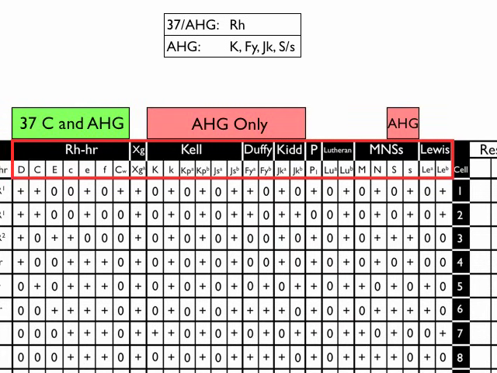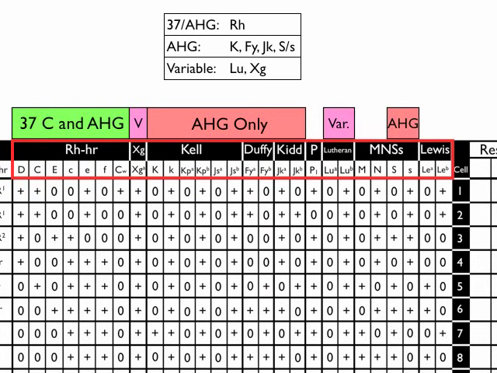In other words, when the antibodies are just forming and they're in development and they have a significant IgM component, those IgM antibodies can react at immediate spin and 37. But in general, mature antibodies will react in the ways that I'm showing you here. You've got some variable ones, your Xgs and your Lutherans, and honestly, we don't pay a lot of attention to those.